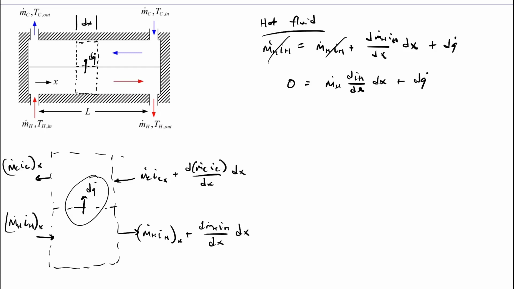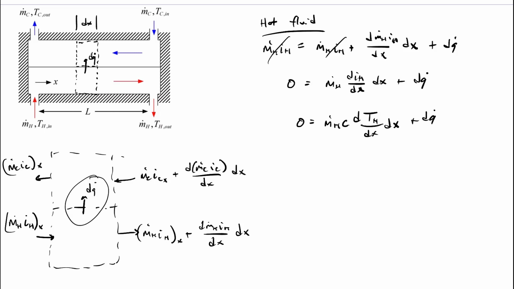Let's furthermore make the assumption that this is an incompressible flow, and we'll use our specific heat instead of enthalpy. So we bring the c out in front. It's m dot h times c dT_h/dx dx plus dq dot.